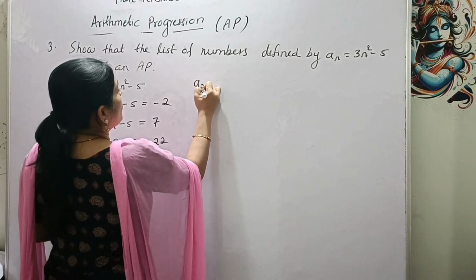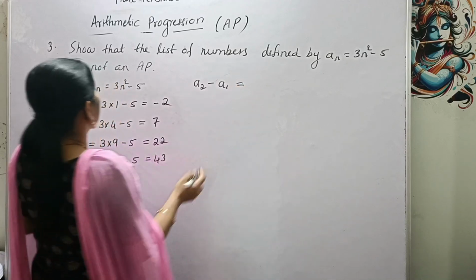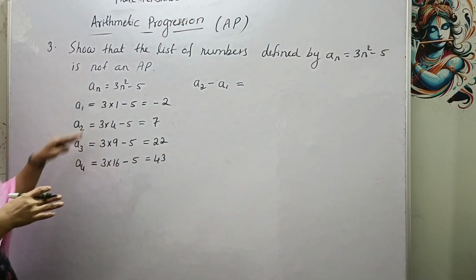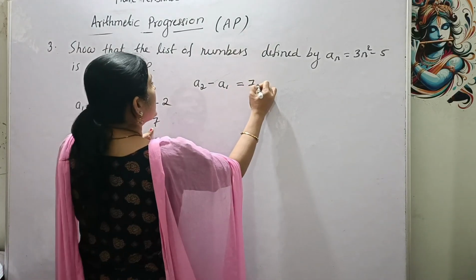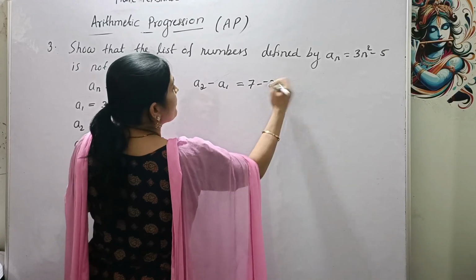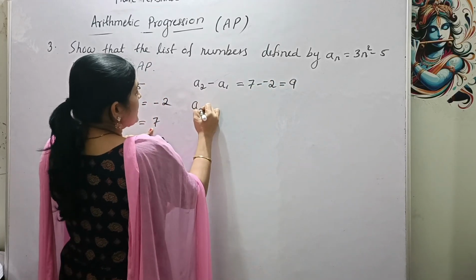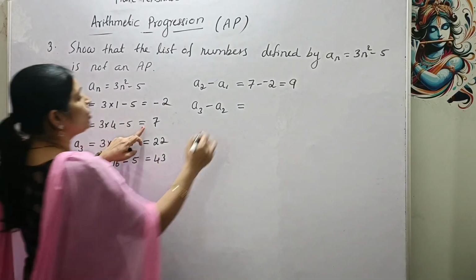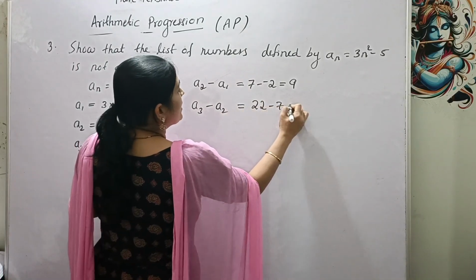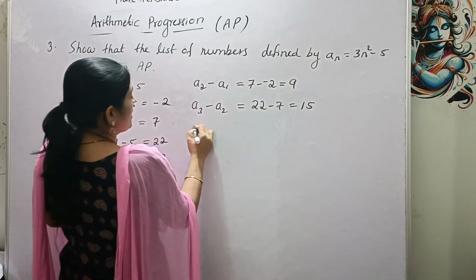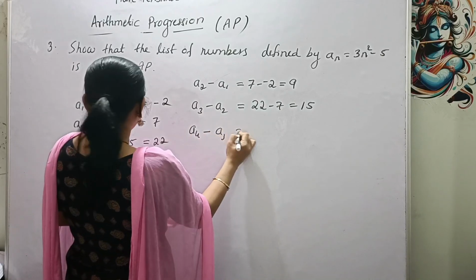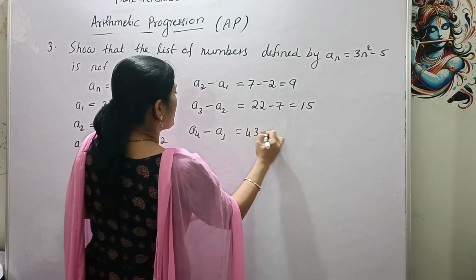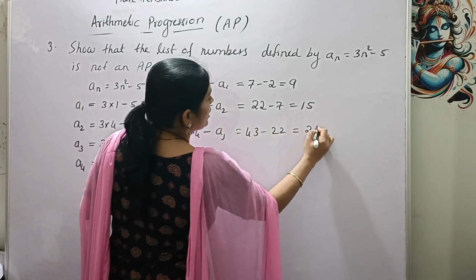That is a2 minus a1, second term minus first term: 7 minus minus 2, that is 7 plus 2, 9. Next, a3 minus a2: 22 minus 7 is equal to 15. a4 minus a3 is equal to 43 minus 22, which is equal to 21.